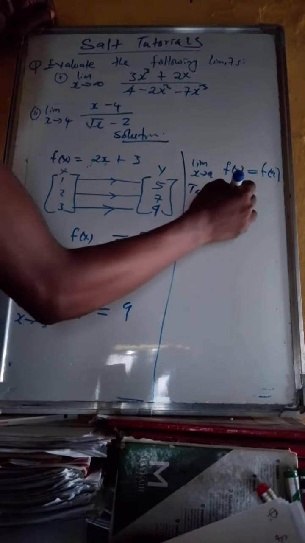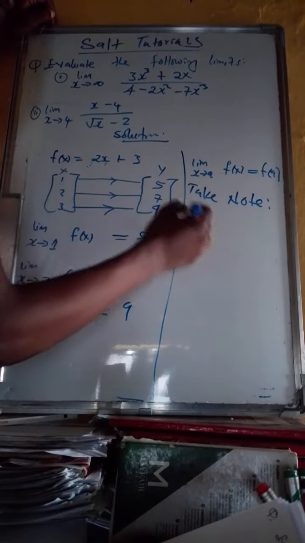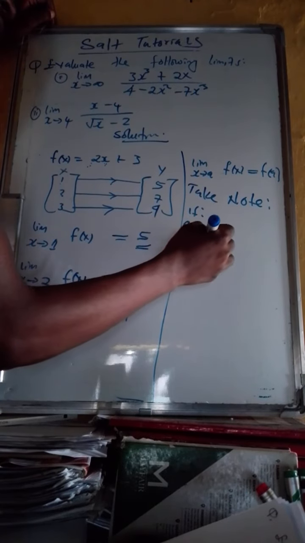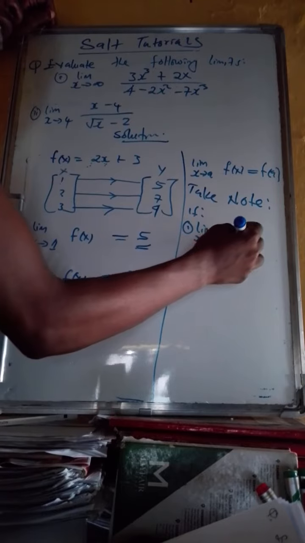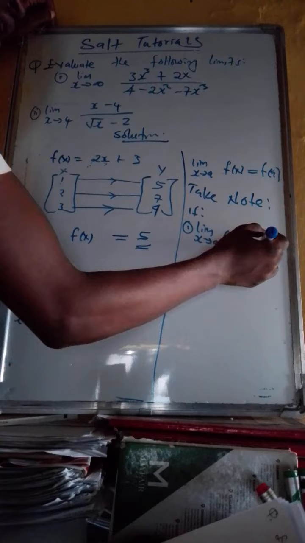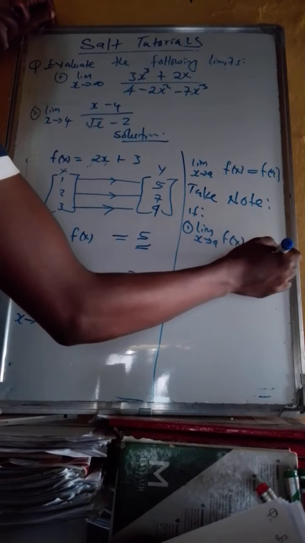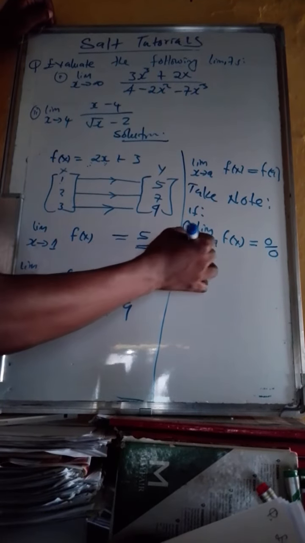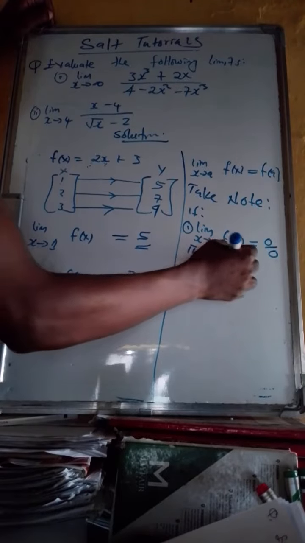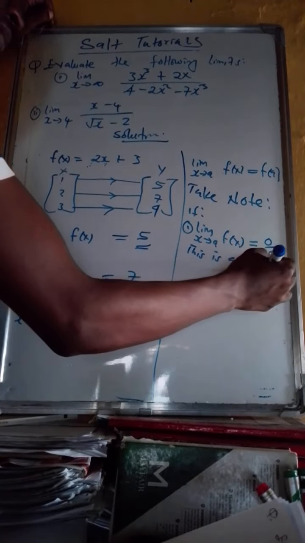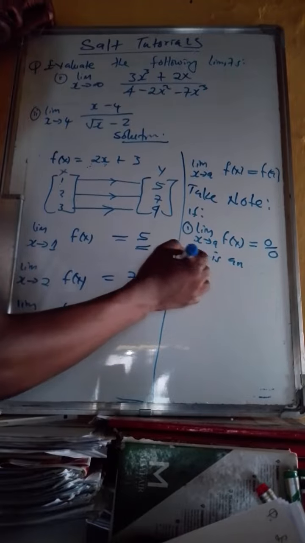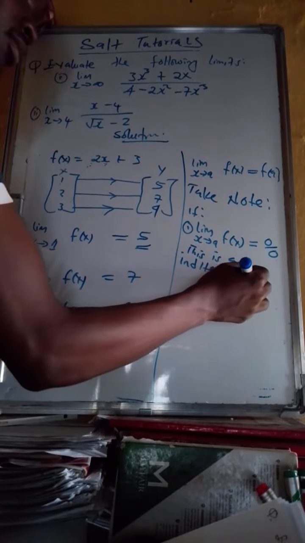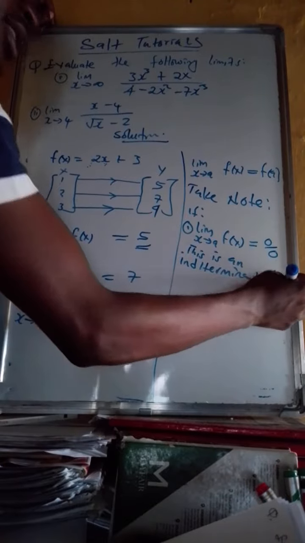Take note. Number 1, if the limit as x approaches a of f of x is equal to 0 over 0, this should never be your solution. This is an indeterminate form of limits.